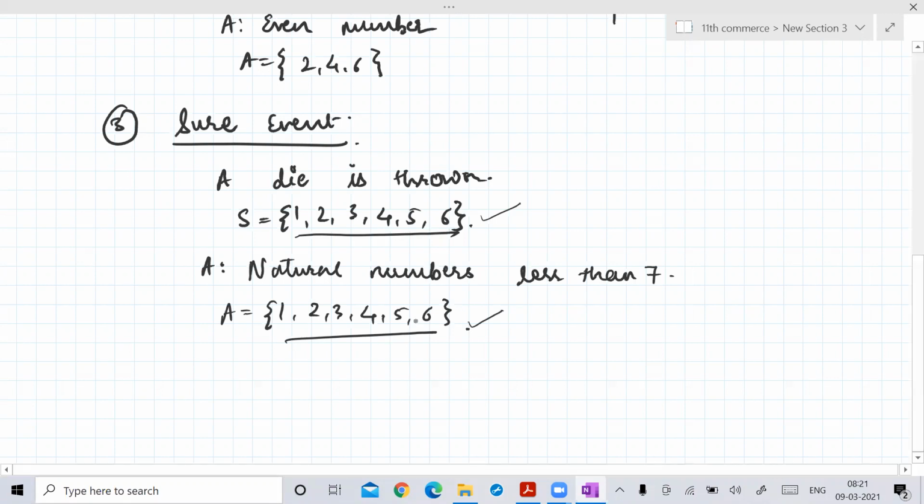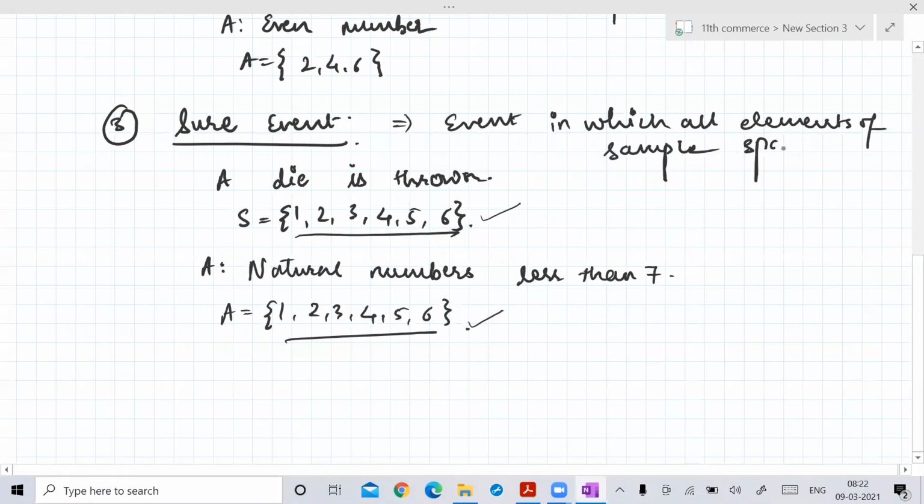So what is the speciality of a sure event? A sure event is the event in which all the elements of the sample space are present.